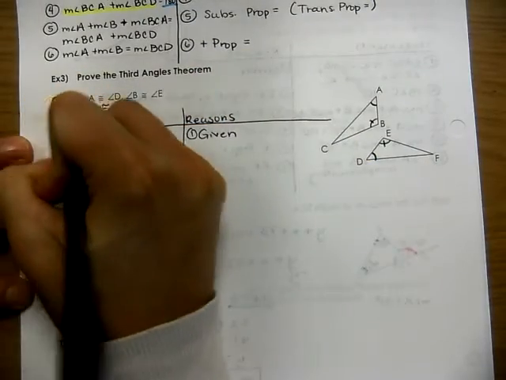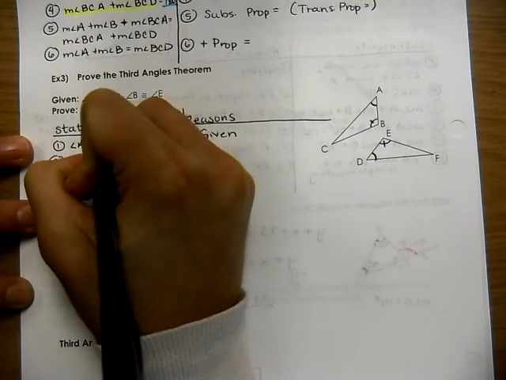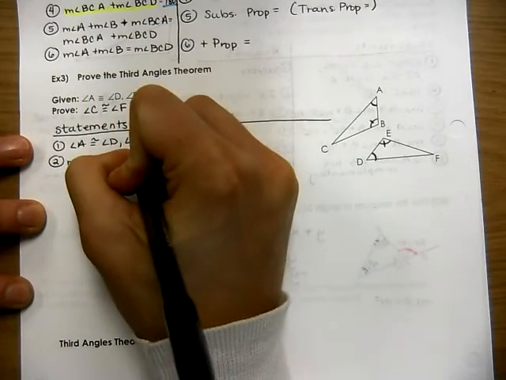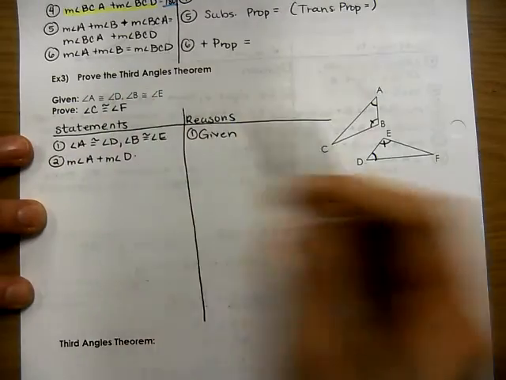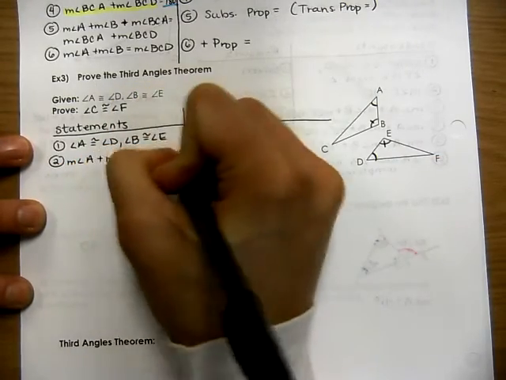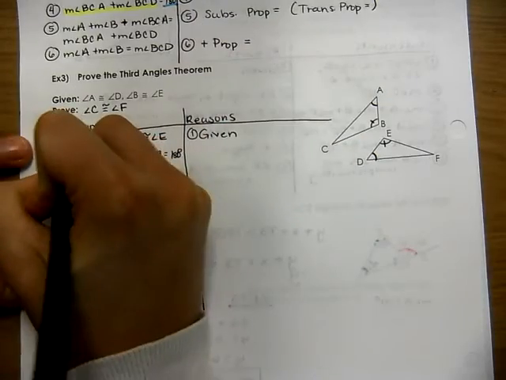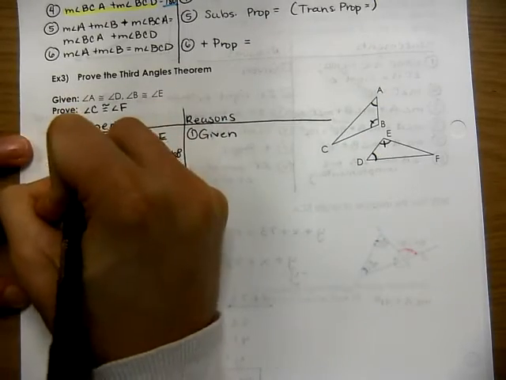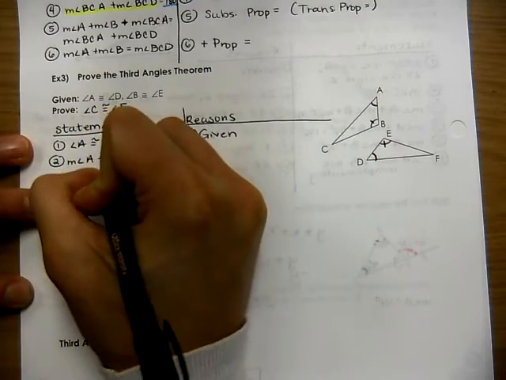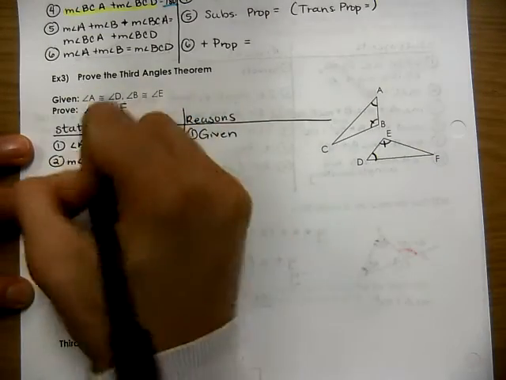My next step will be that the measure of angle A plus the measure of angle B plus the measure of angle C equals 180 degrees. And also that the measure of angle E, well, A will correspond to D. Let's do D first.